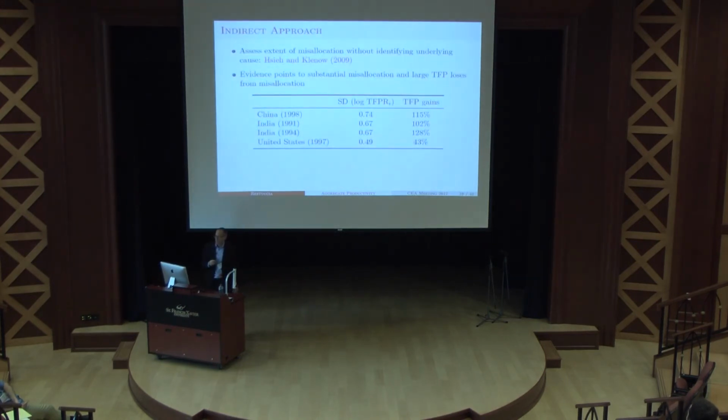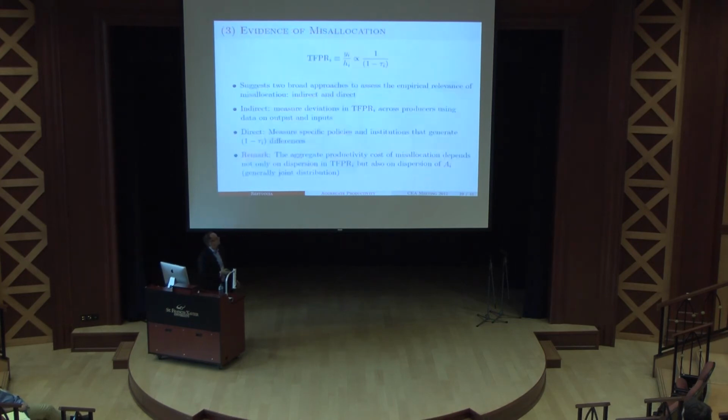And so what is some of the evidence that we have for misallocation? I think the best known paper in this indirect approach is Hsieh and Klenow, who simply went, exactly as I described, through the microdata for countries like China, India, and the United States, and came up with measures of dispersion on this object, TFPR.